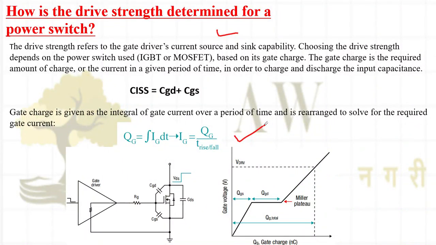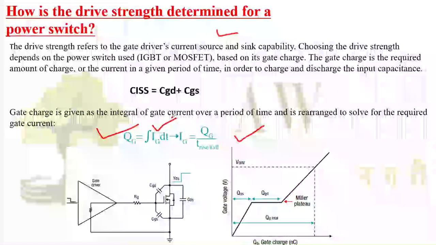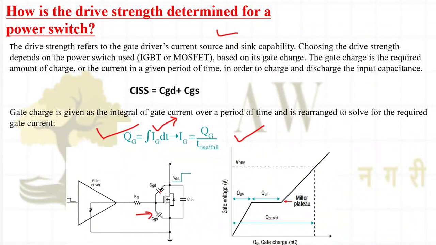If we know all these things, then it is very easy to know the charge requirement. And if I know the charge, then I can easily give that much current. That much signal I will amplify and give to my switch, right?